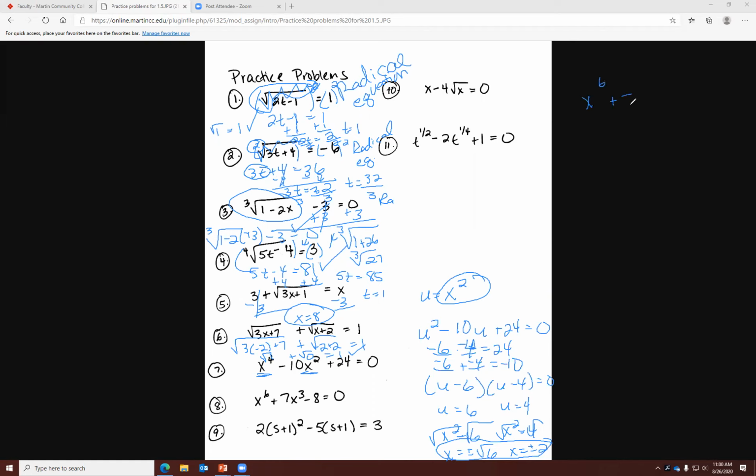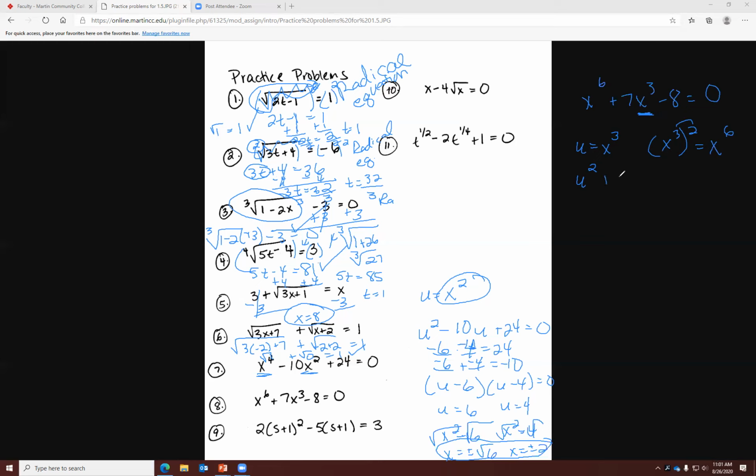x to the 6 plus 7x cubed minus 8 equals 0. If I looked at this and I said, okay, what if u is x cubed? Can I rewrite this as u squared? Because look, x cubed squared, isn't that the same thing as x to the 6? Remember, laws of exponents, you multiply? Yes. So what I'm going to do is I'm going to let u be equal to x cubed.